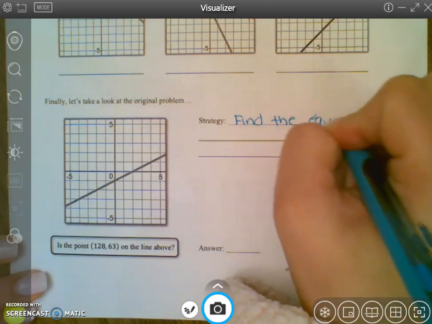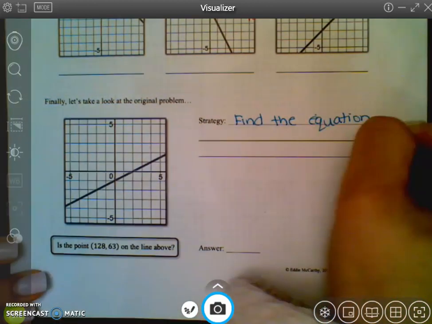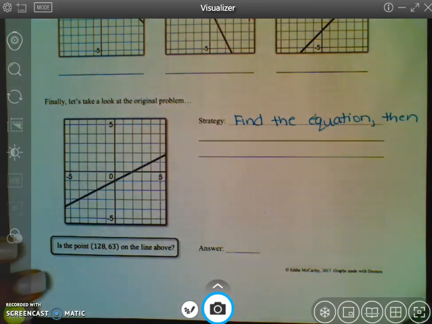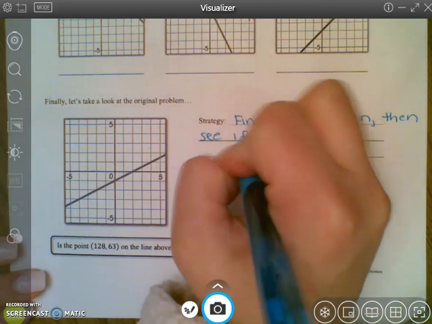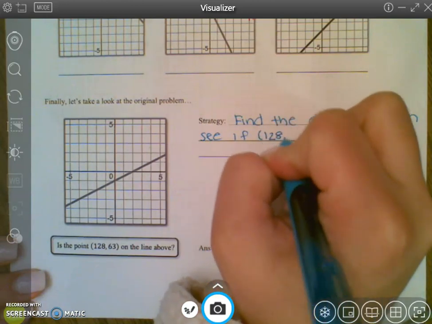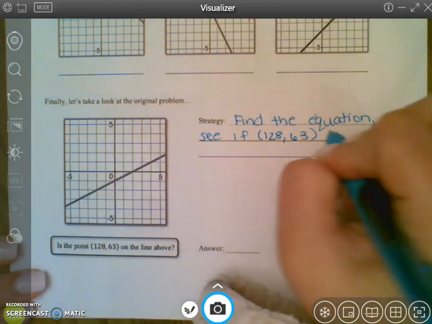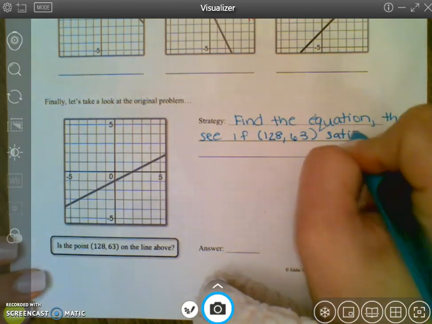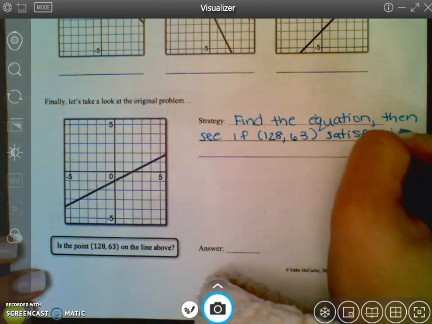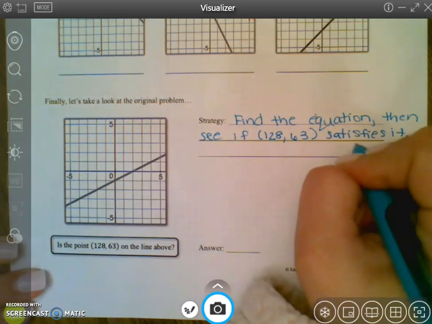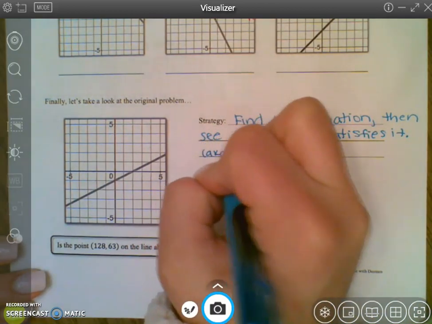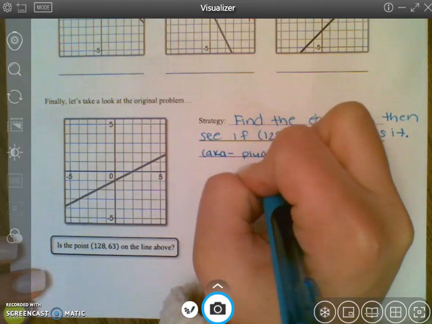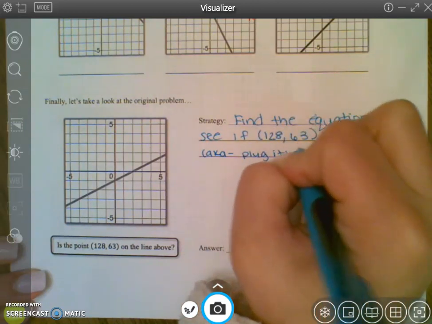Then we need to see if that point (128, 63) satisfies it, which means, aka, plug it in.